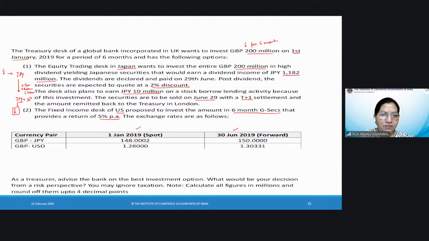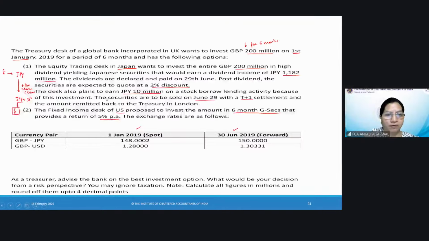So 1 pound is equal to $1.28 and 1 pound is equal to 1.30331. As a treasurer, advise the bank on the best investment option. What would be your decision from the risk perspective? You may ignore taxation but calculate the figures in millions and round them off up to 4 decimal points.